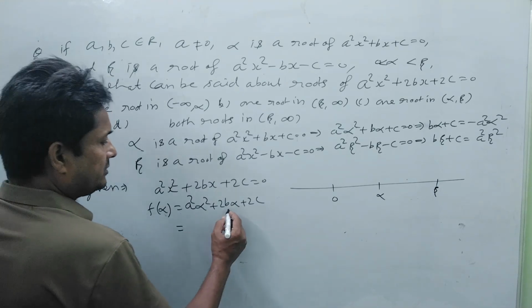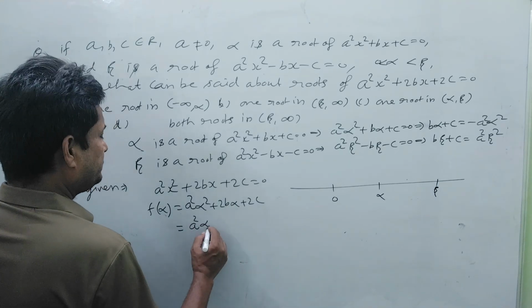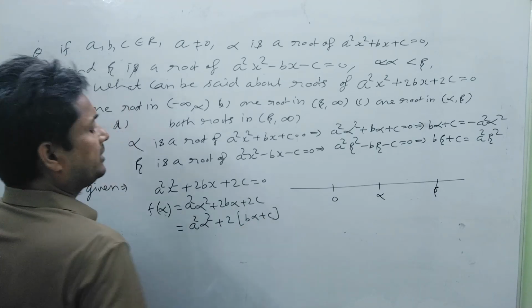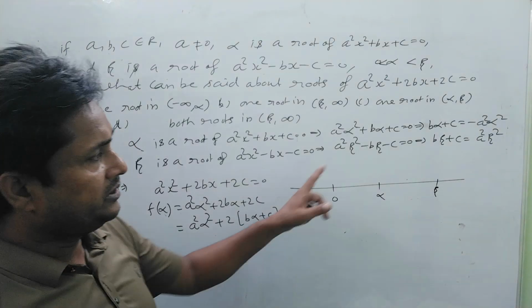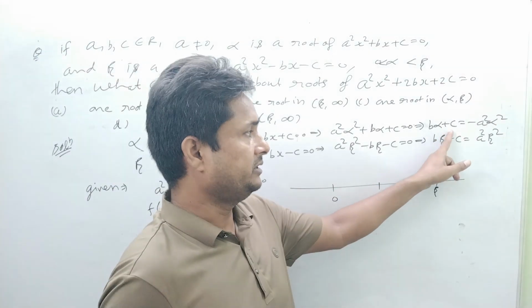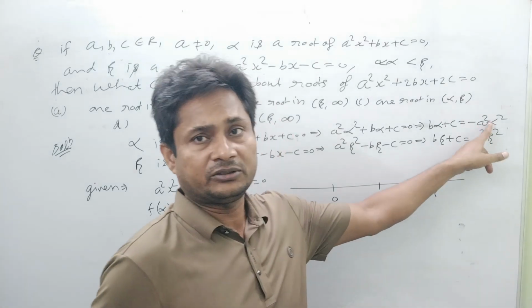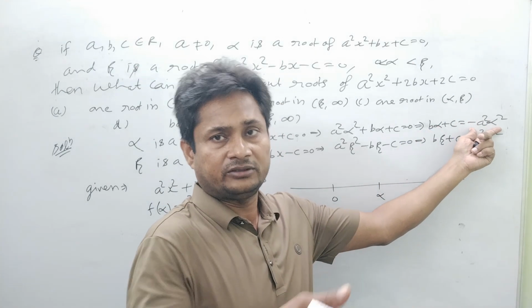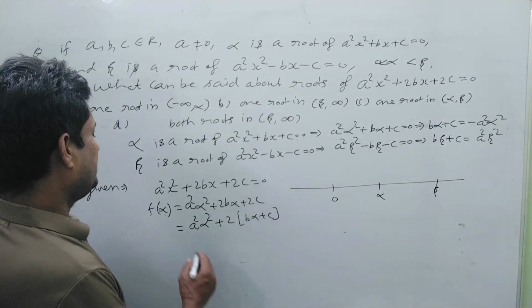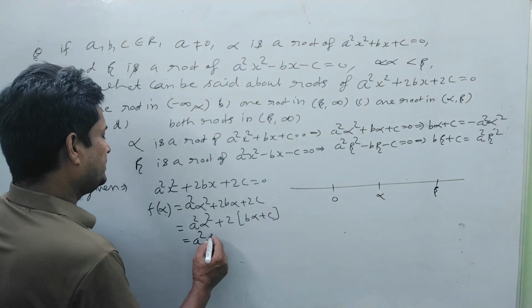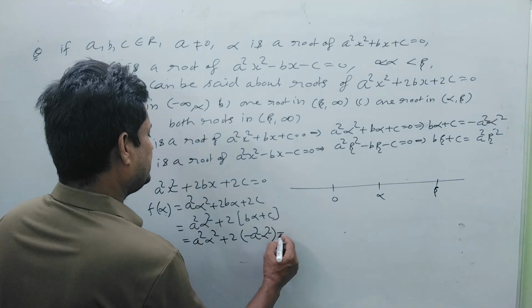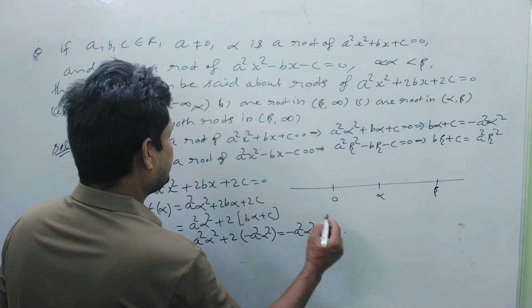And see here, we can write this expression as a²alpha² + 2 times (b alpha + c), and b alpha + c can be replaced as −a²alpha². So it is coming a²alpha² + 2 times minus a²alpha², so it is coming −a²alpha².